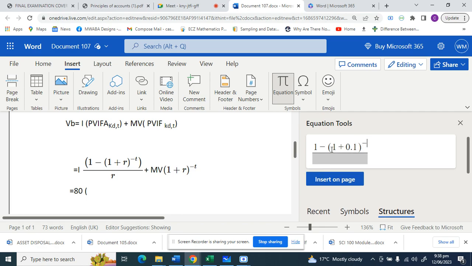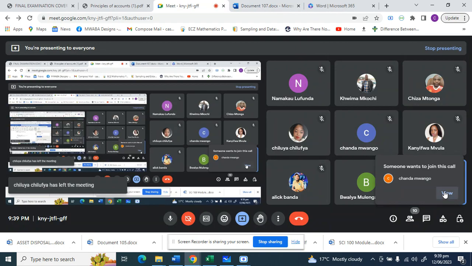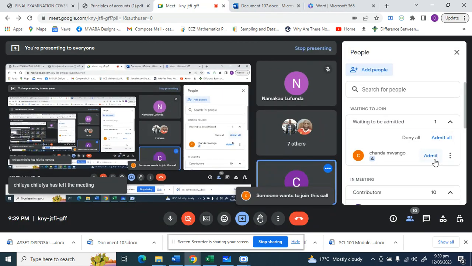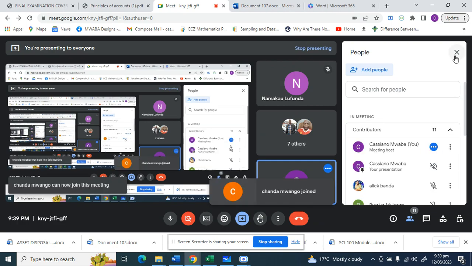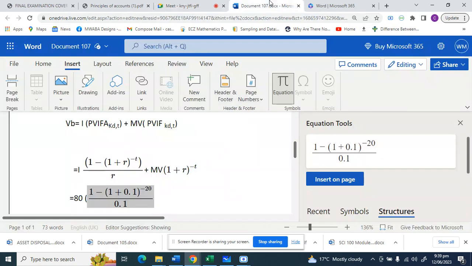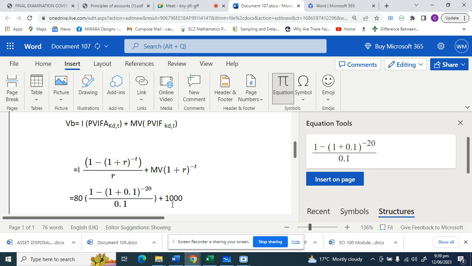This is 20 years, the power negative 20, over 0.1, plus maturity value, which is 1000. This is the face value of the bond.